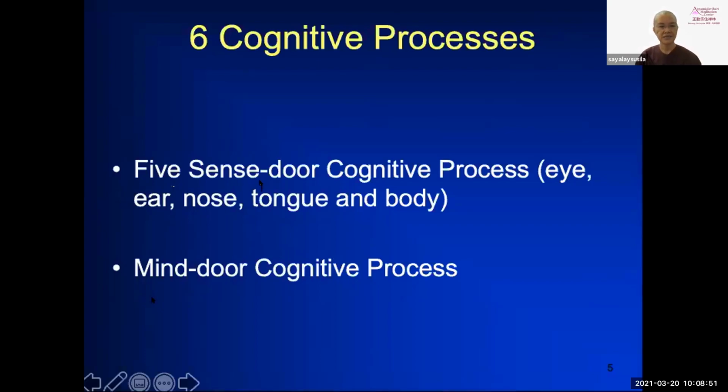Plus the last one, the mind door cognitive process. The mind door cognitive process is different from the sense door cognitive process. I will show you the difference as I go on. At this moment, it is enough to know there are 6 types of cognitive processes.